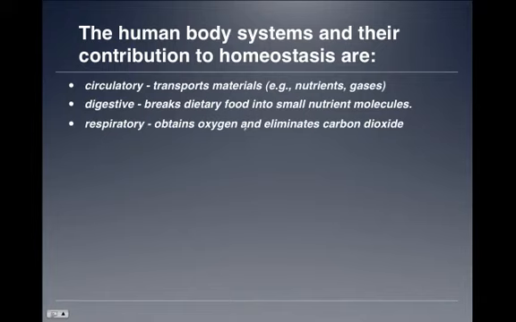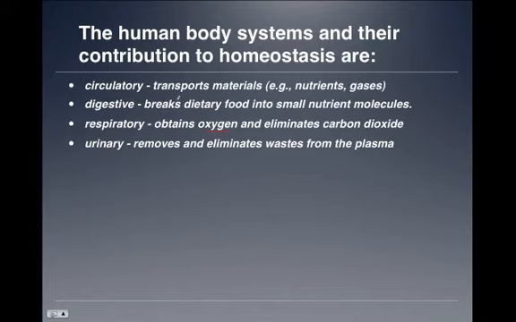So again, the respiratory system is marked with that major function. Respiratory system obtains the oxygen into the blood system, and then the circulatory system will transport it from there. Urinary system, very important again for removing and eliminating waste, especially our protein waste from breaking down proteins from the plasma.